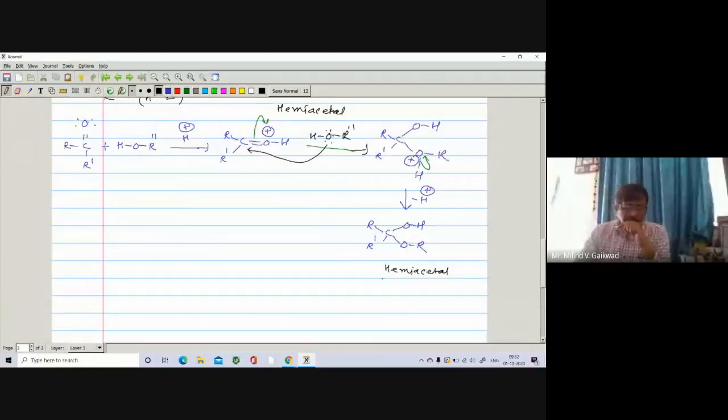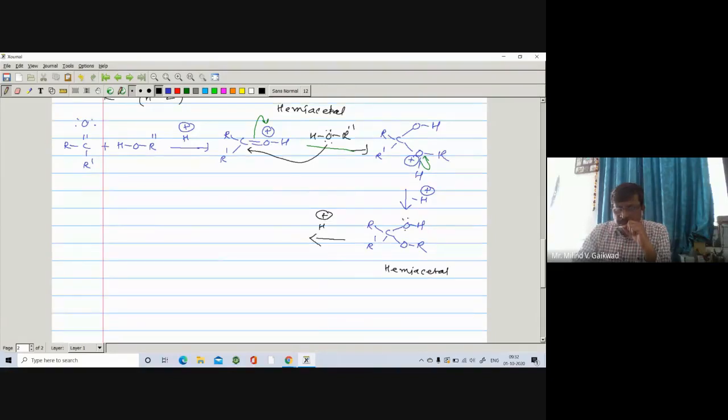If one molecule attacks, there's a formation of hemiacetal. But if the reaction takes place in the presence of acid and more alcohol molecules, then what happens? This OH is a bad leaving group, right? So in the presence of acid, it becomes a good leaving group.